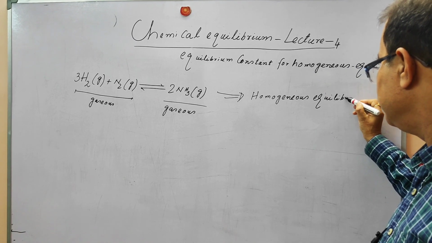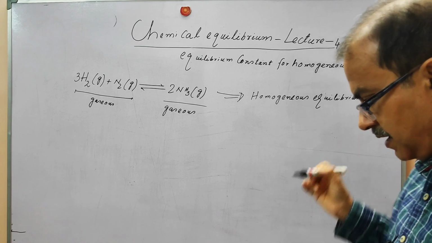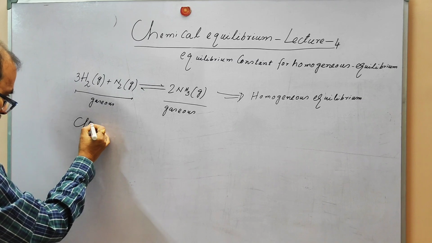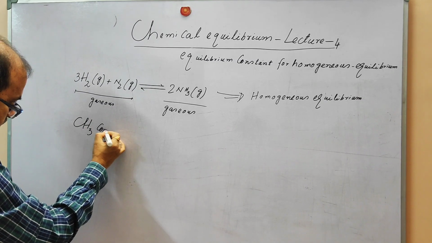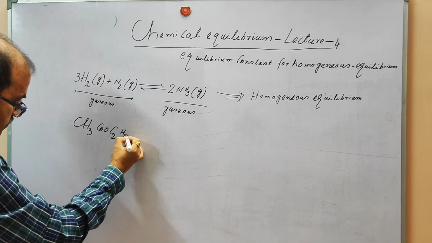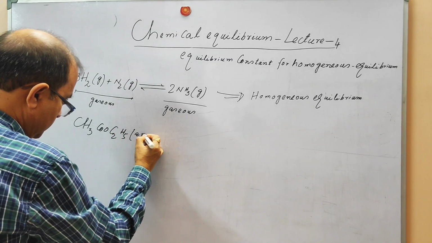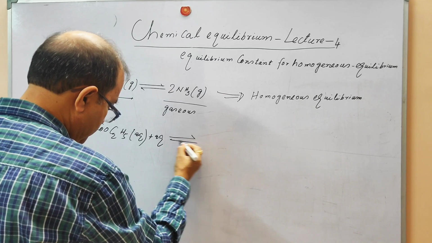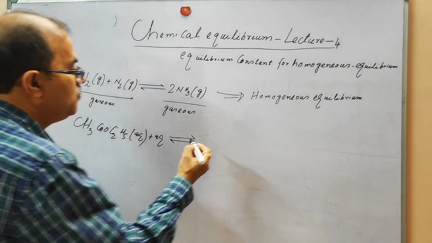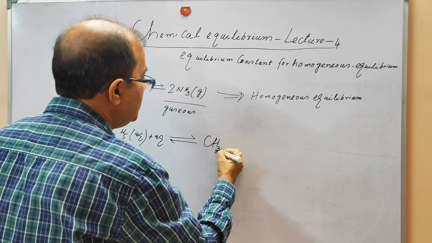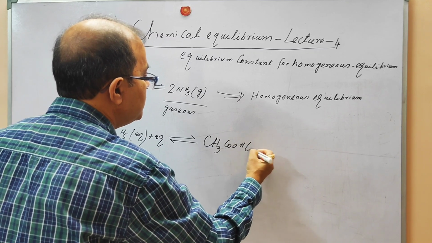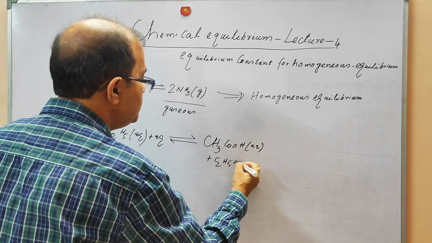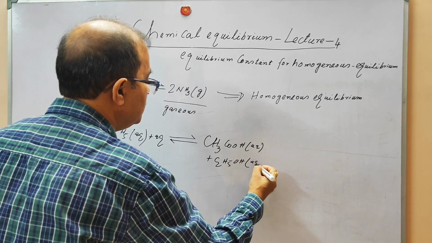Another example of homogeneous equilibrium I am giving is the hydrolysis of ethyl acetate, C2H5. It is in the aqueous state. Then an aqueous medium is required for this reaction, and it is going to produce two products, that is acetic acid in the aqueous medium plus C2H5OH in the aqueous medium.